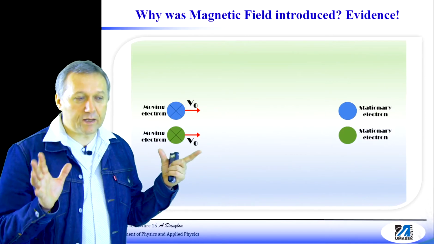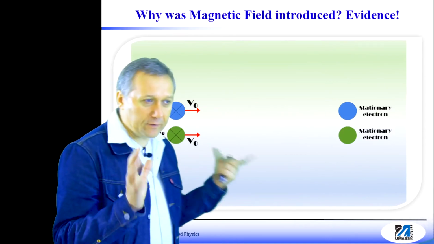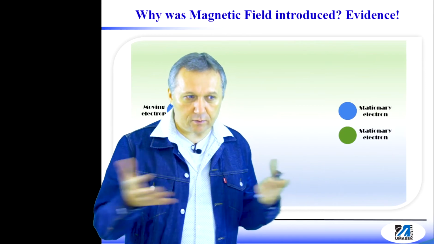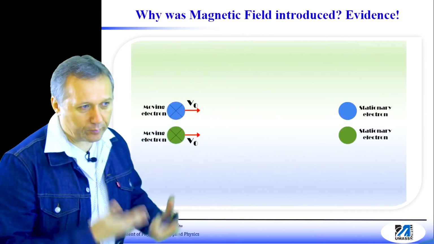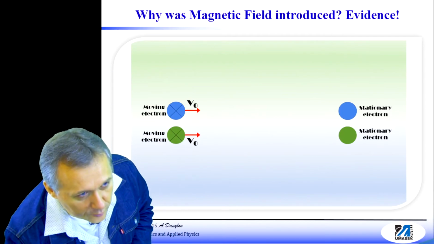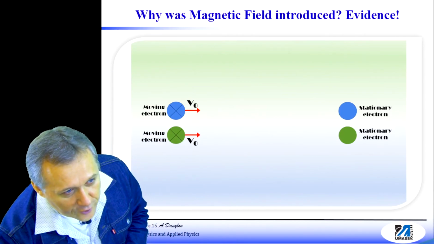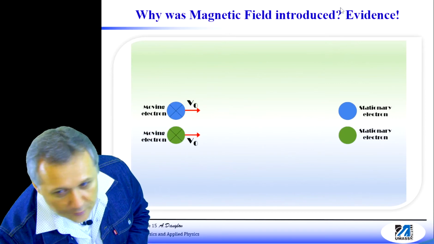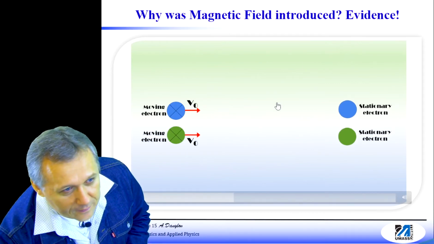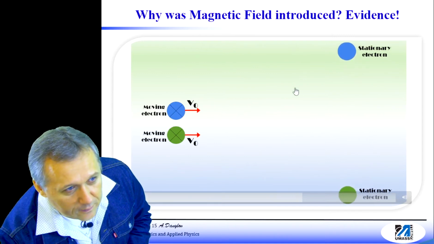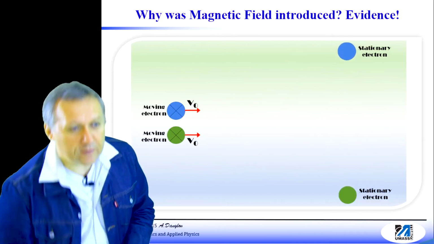So let's look first at two stationary electrons. Again, right now we know only about the electric force. And based on that knowledge, let's see the outcomes of these two motions, right? So let's look first at these two stationary electrons. So you see, they moved.